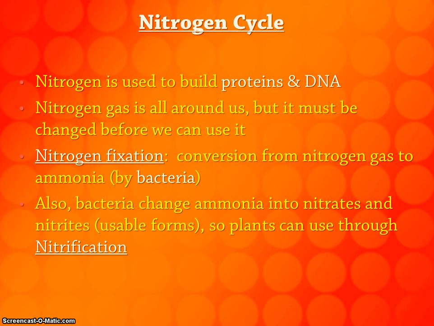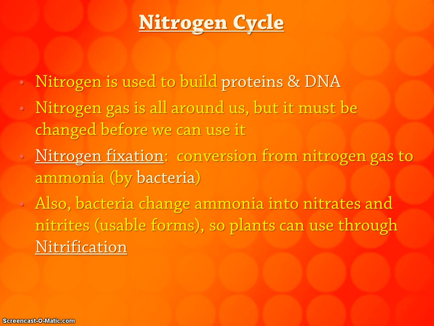Once they do that, they can take that ammonia and turn it into nitrates and nitrites, which are the usable forms that can be taken up by plants, and then when animals eat those plants and other animals eat those animals, they'll get those nitrates. When bacteria take that ammonia and make those nitrates, that's called nitrification. So these two processes tie in together.